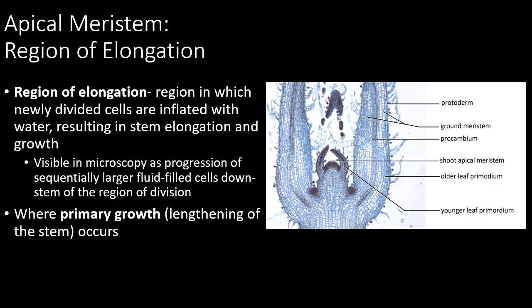So the region of elongation is where that actual primary growth or lengthening of the stem occurs. Once the tissue has fully elongated, the cell walls start to form. And once the cell walls have formed around all those soft new cells, the tissue hardens and it becomes rigid and incapable of further elongation.